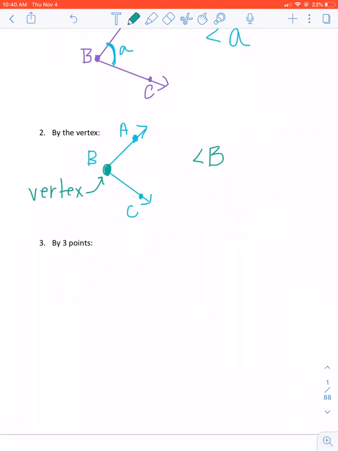Now this next one is the one that we often use, so let's redraw that angle again.